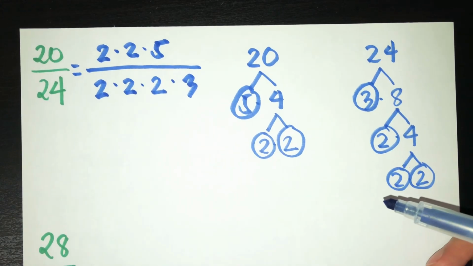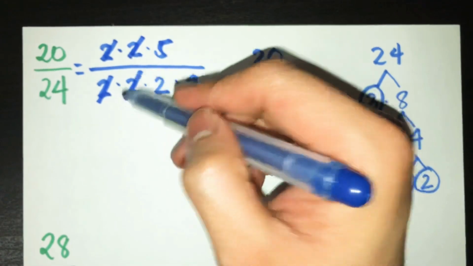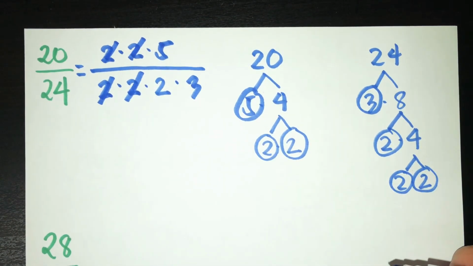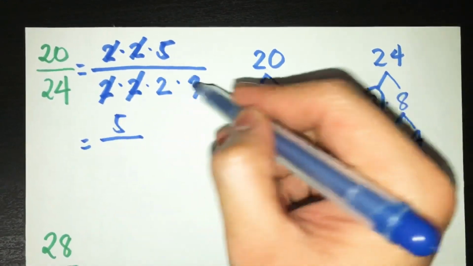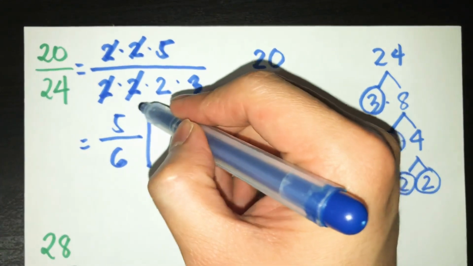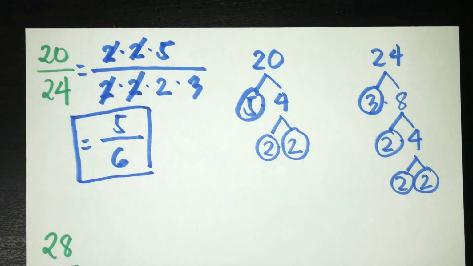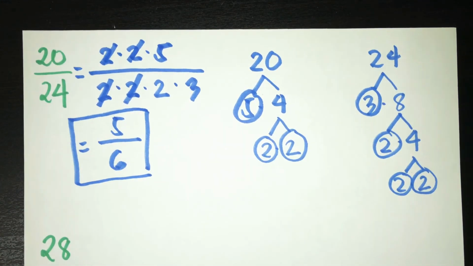So cancel the common factors, and we have now 5 over 6, because 2 times 3 is 6. By the way, we have also a previous video on how to do prime factorization using factor trees, and you can see that in the description box below.